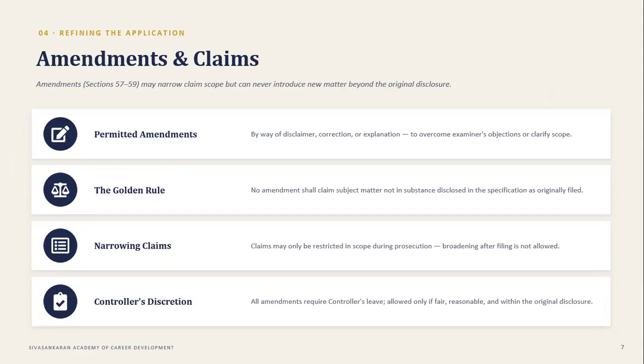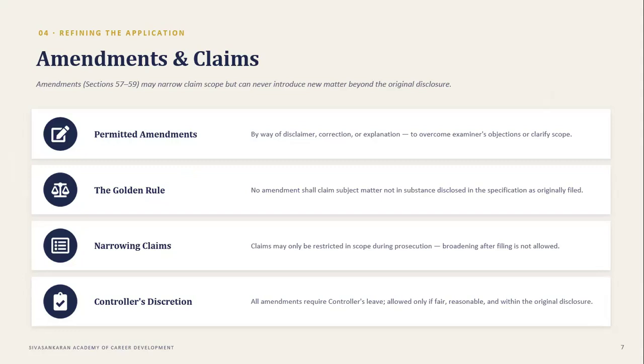There is a fundamental principle that we should always remember. The amendment should not claim subject matter that was not in substance disclosed in the specification as originally filed. During prosecution, claims may be restricted or narrowed where necessary.